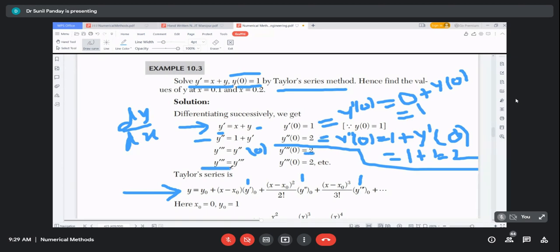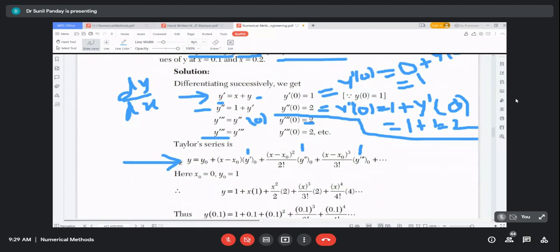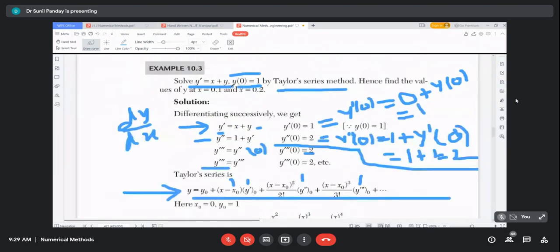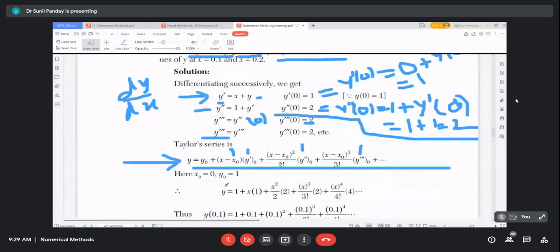So all the next derivatives are equal to 2. Then we substitute in the Taylor series. If we substitute all these values, we will get this. x naught is 0, as this is the initial point.